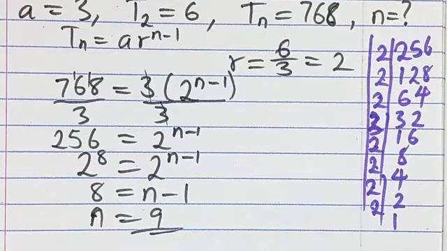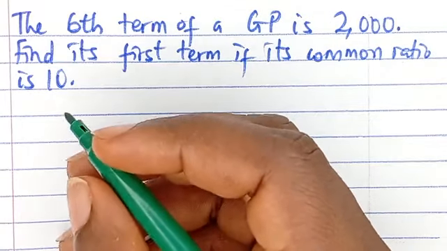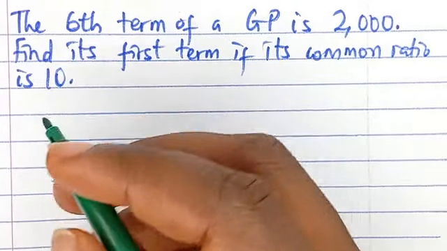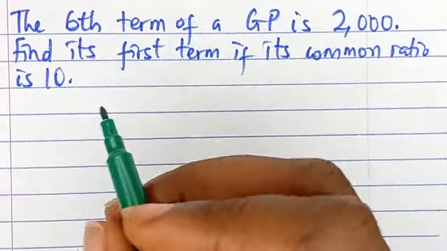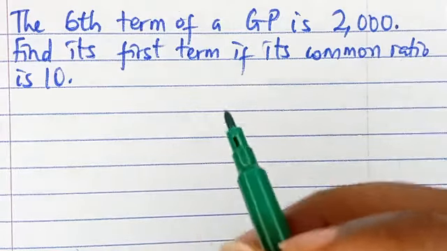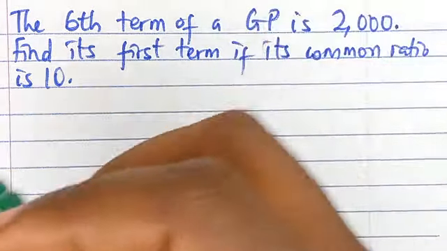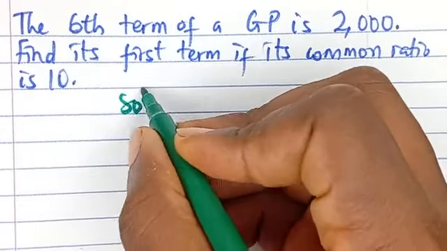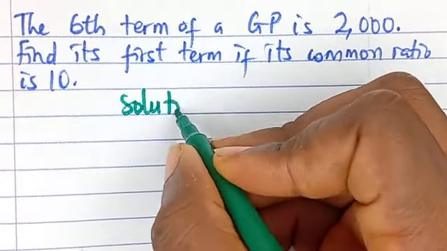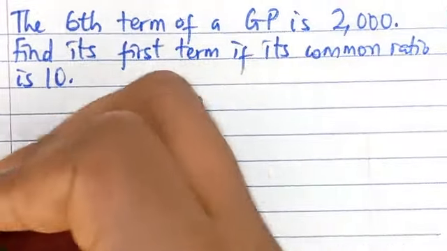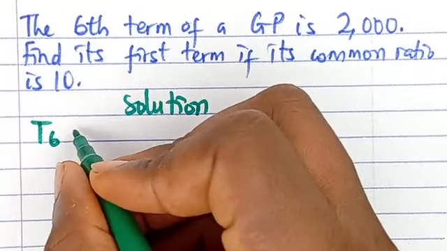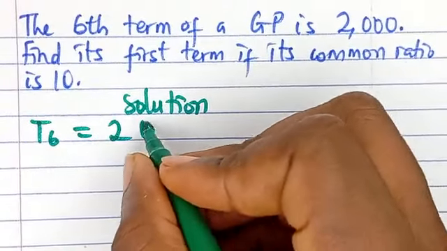Okay, let's solve another word problem on GP. The sixth term of a GP is 2000. Find its first term if its common ratio is 10. So the normal thing we do is we write out the parameters that we are given. The sixth term, so T number 6, is 2000.